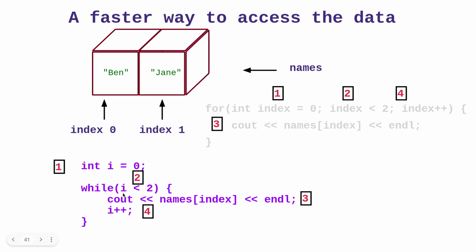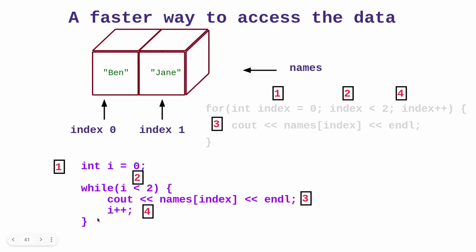So inside the while loop, similar to the for loop, we will test. Okay, so is 0 less than 2? That's true. And if it's true, then we print out the item. In this case, it would print Ben. And then the last thing is to add 1 to i. Okay, the increment. So i out here will become 1.